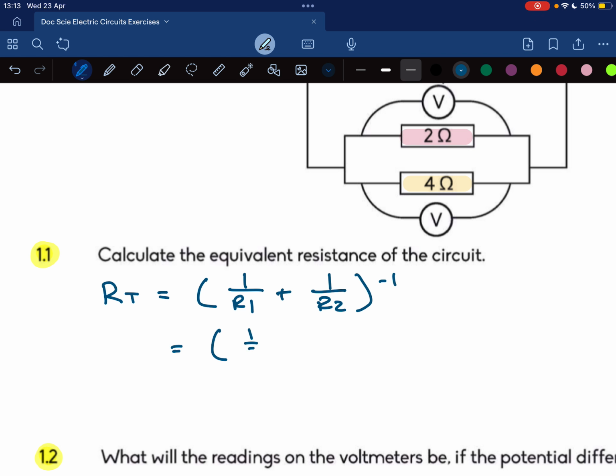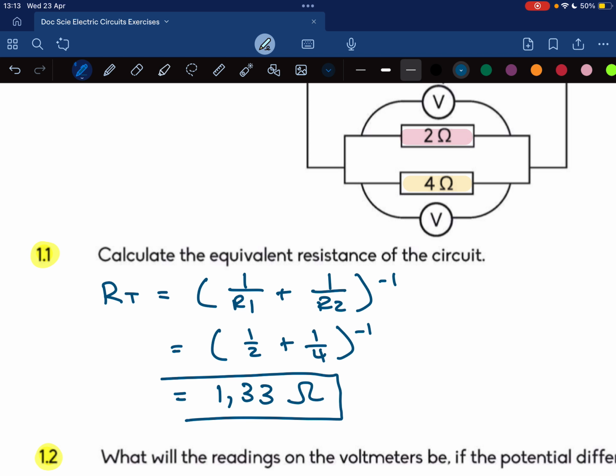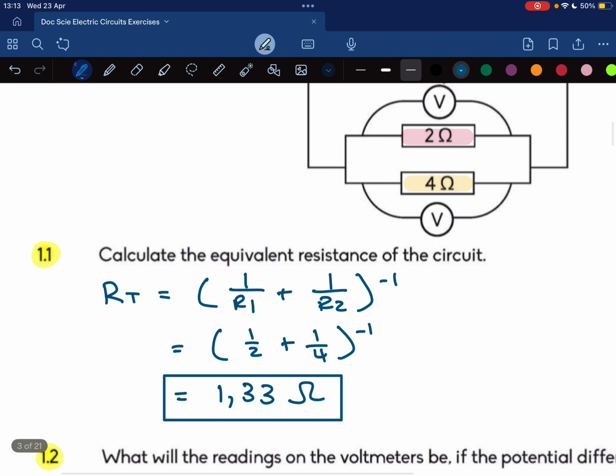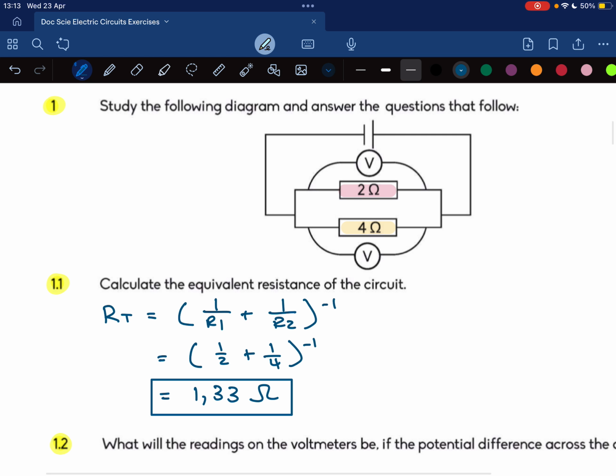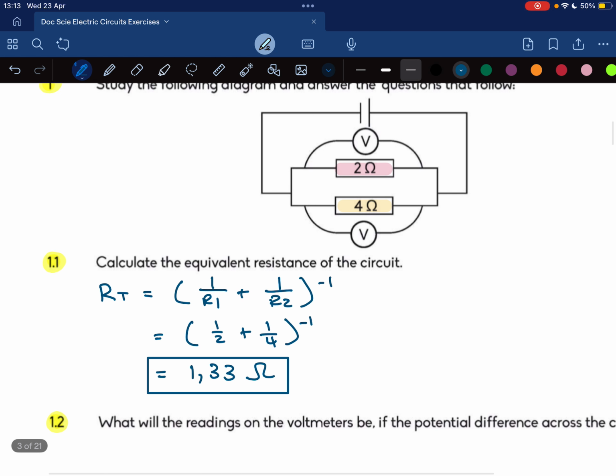So that will be (1 over 2 plus 1 over 4) to the negative 1. And if you put that whole thing in your calculator, you'll get 1.33 ohms. Okay, don't forget the unit. It's resistance, which means that it's measured in ohms.